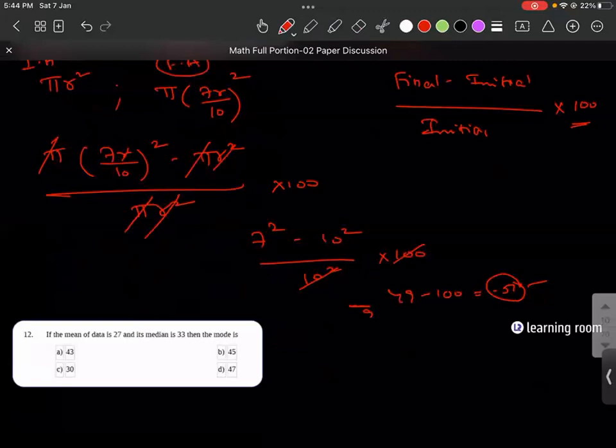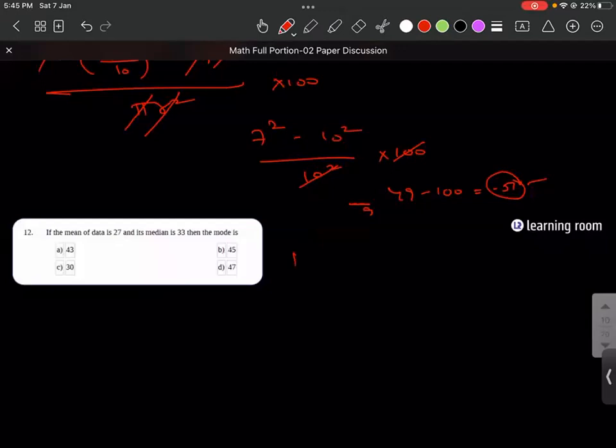Now what is the answer for the 12th one? Sir, I used the empirical formula. So what is it? 3 median equals 2 mean plus 1 mode. Correct. So basically it is given like this, mode is equal to 3 times median minus 2 times mean.